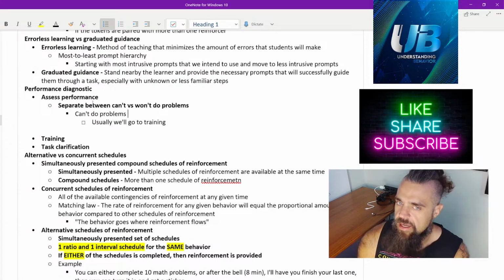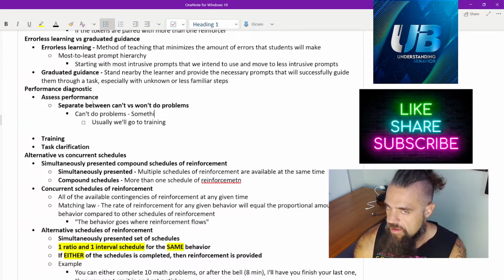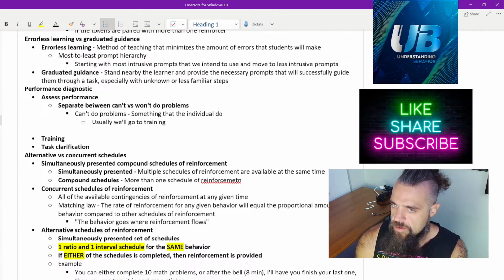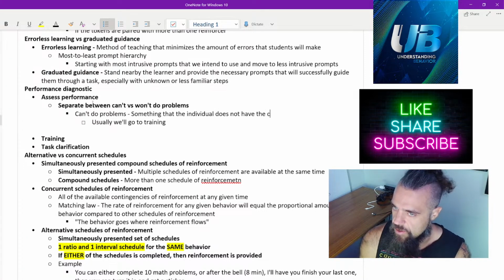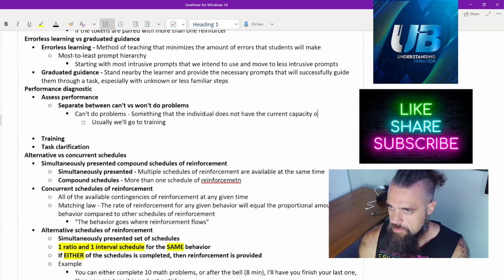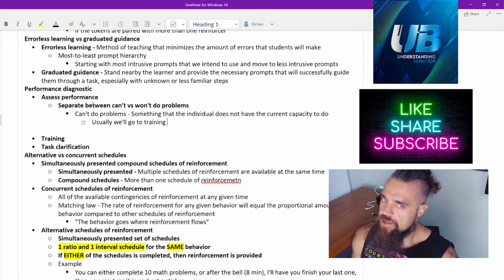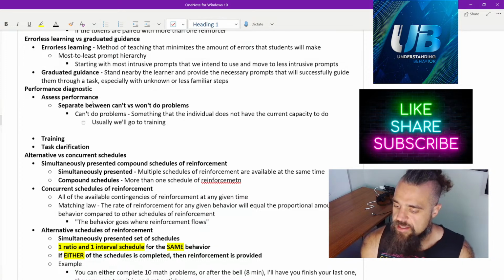So can't do problems, we can define these as something that the individual does not have the current capacity to do. So depending on what that issue is, let's say they literally just don't know how to do it. Well, then we'll go to training.